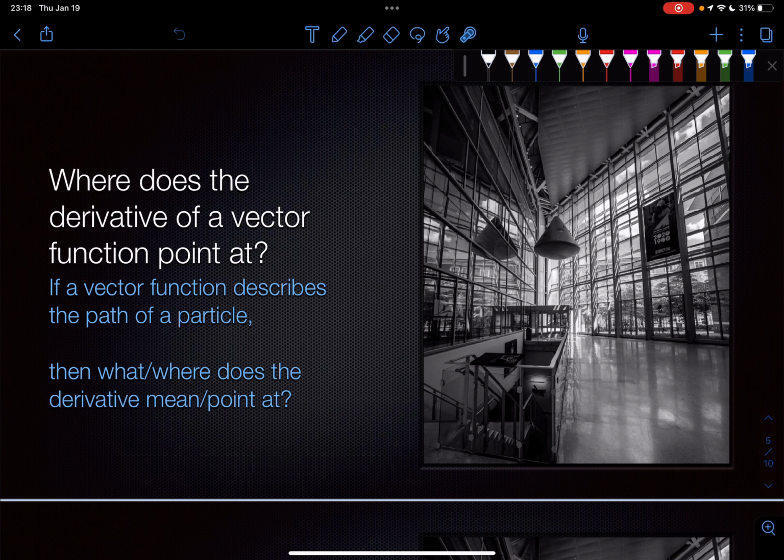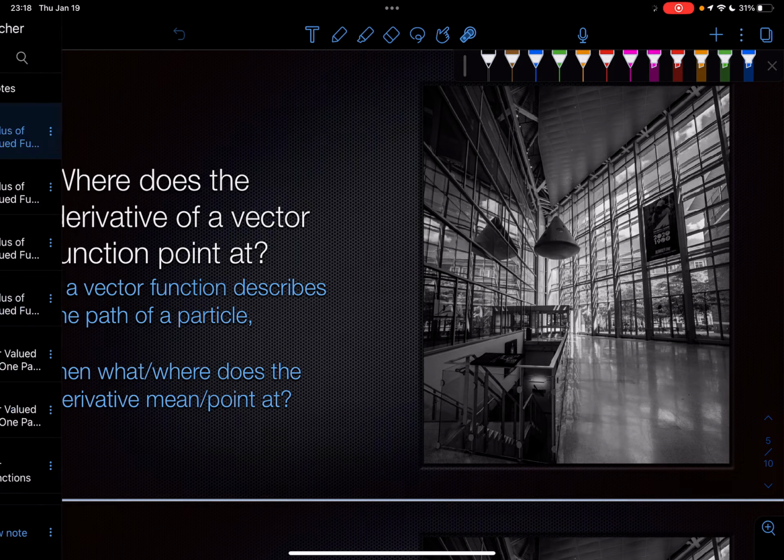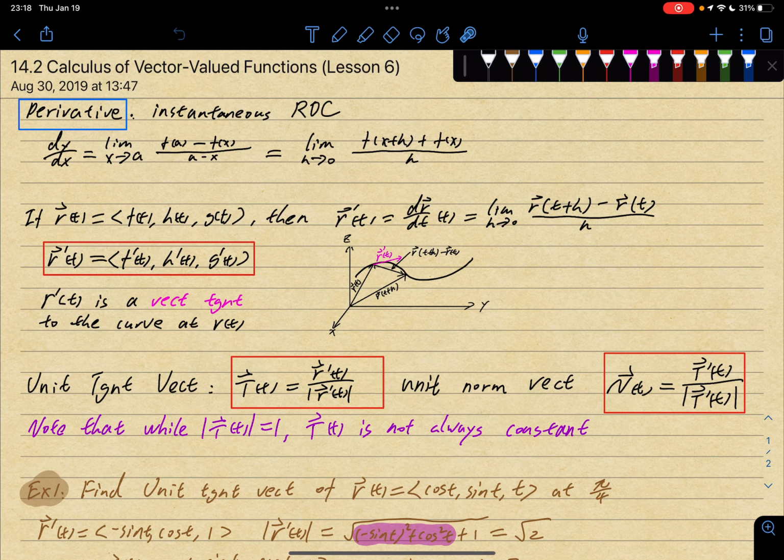Remember you learned in Calc 1, you take the derivative, it becomes a velocity if your original function is a position. And it's pointing tangent to the curve, as we just discussed.